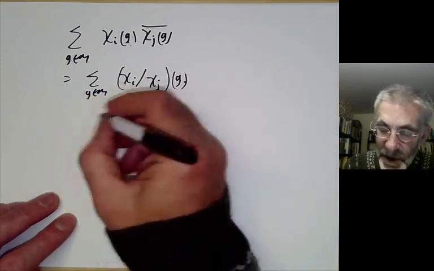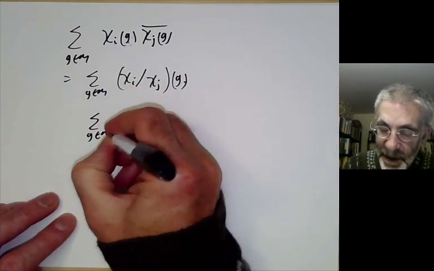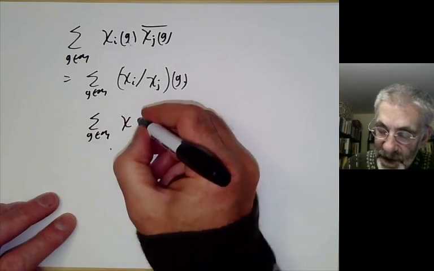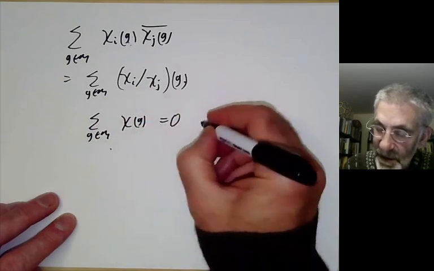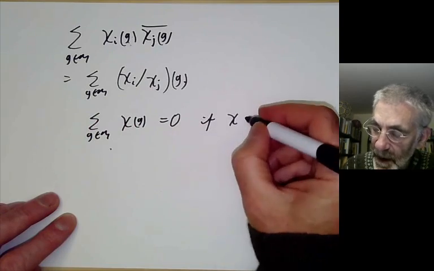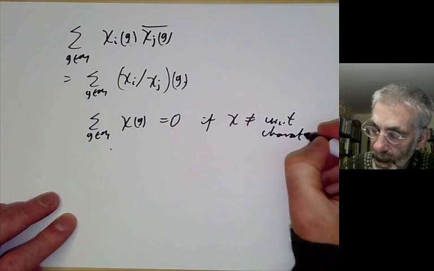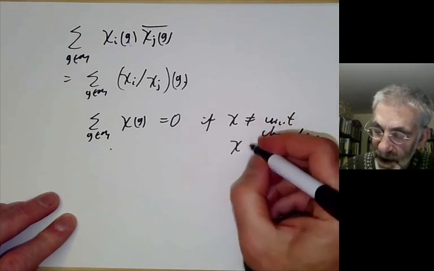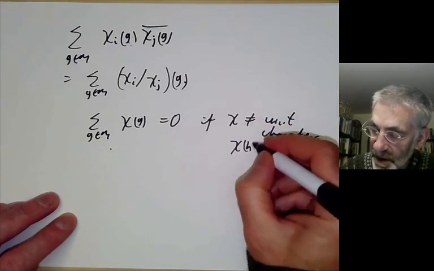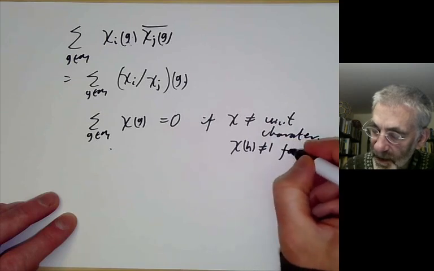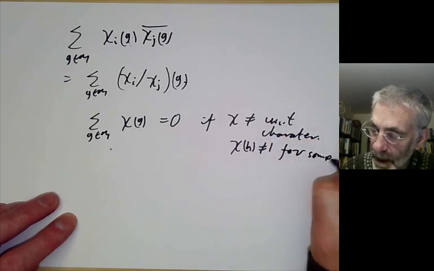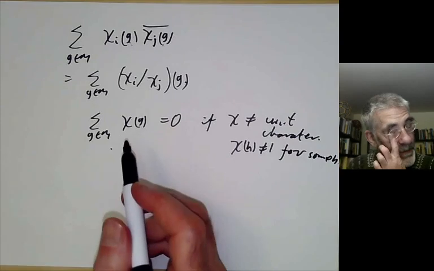So we want to show that the sum over g in M of chi of g is equal to 0 if chi is not the unit character. In other words, if chi of h is not equal to 1 for some h. And we can prove this as follows.